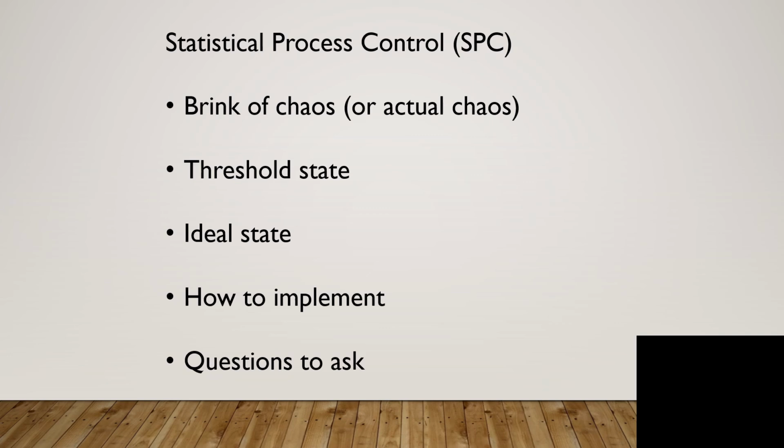It's important for you to know that just because a process is predictable, it doesn't necessarily meet customer requirements. Next is to reduce common cause variation. As the Taguchi loss function proposes, it's essential to reduce common cause variation so that processes will produce uniform output that satisfies customers and makes profits.